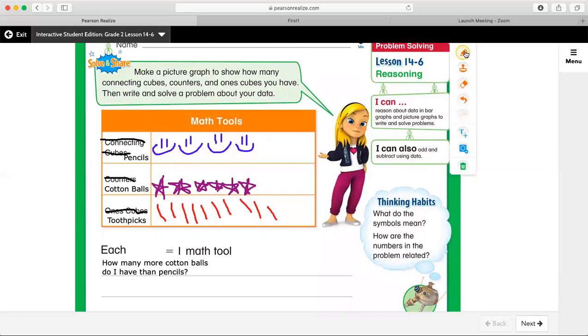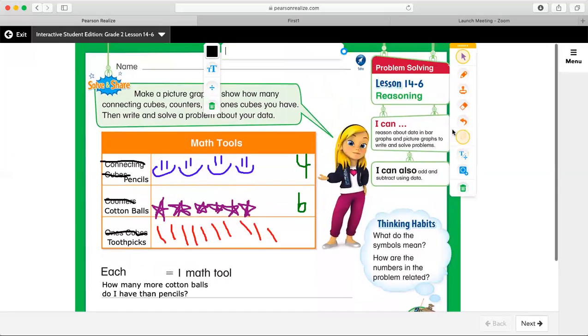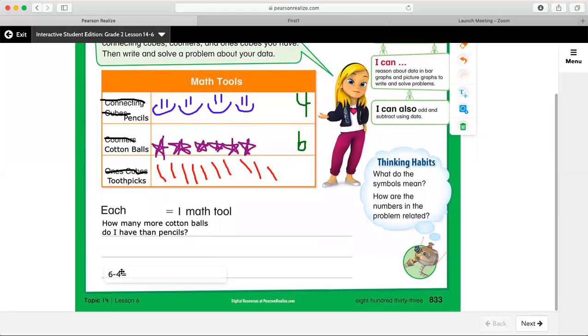So I'm actually just going to write the number 6 here so that I can remember. And then I'm using pencils and I have 4. So I'm going to say 6 minus 4 equals, this is the problem that I'm going to solve.